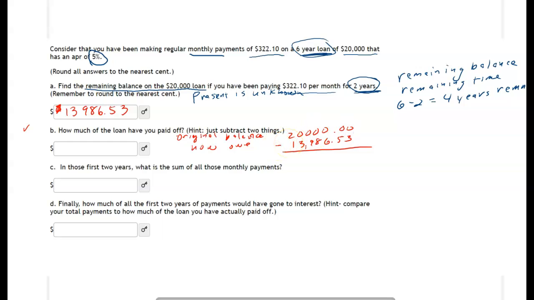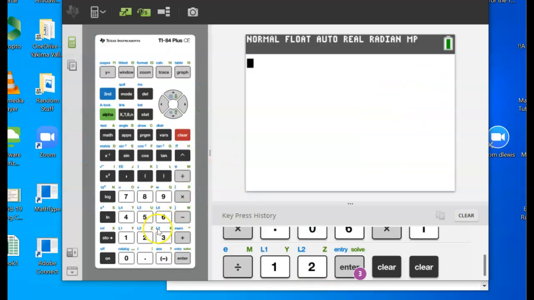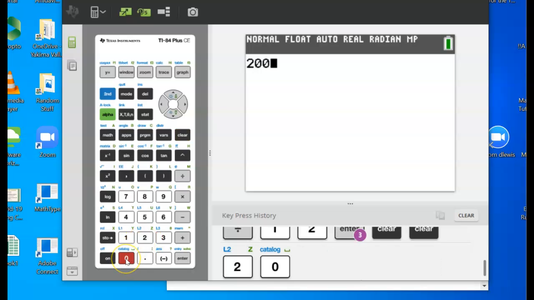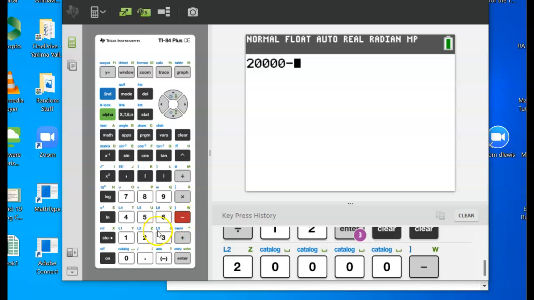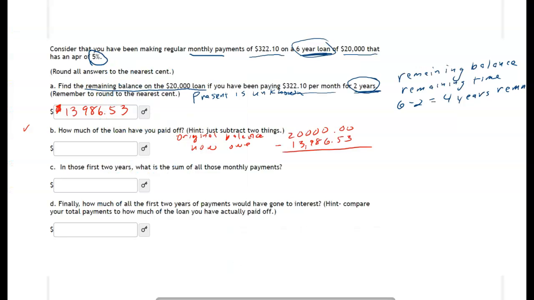Let me do this on the calculator: 20,000 minus $13,986.53. We'll check that, make sure it's right. Yep.